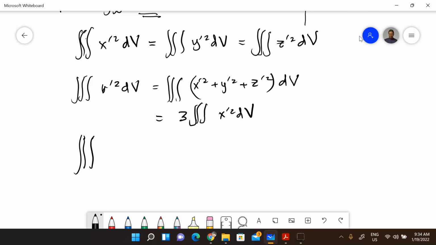The integral, sorry about my horrible handwriting, the integral of x dash squared dv is going to be equal to 1/3 of the integral of r dash squared dv. Oh, sorry, this is all dv dash under the new coordinate system.